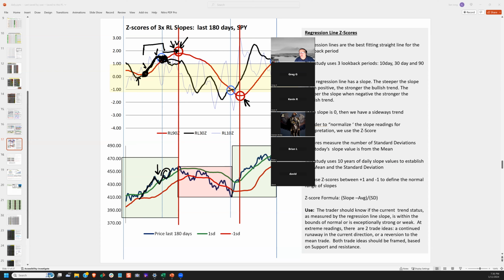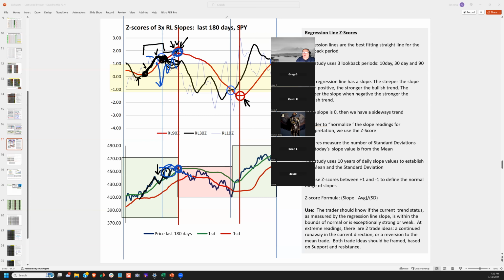So the slope is still positive, but it's definitely weakening. And you can see that the tactical price that caused things to weaken was here. That's the RL10 slope. Notice how that's getting weak. It hits its natural limit and then is oscillating, and then it's making lower highs. So that's contributing to price slowing down in this region. And then when the RL90 actually rolls over, it's because price is also rolling over.